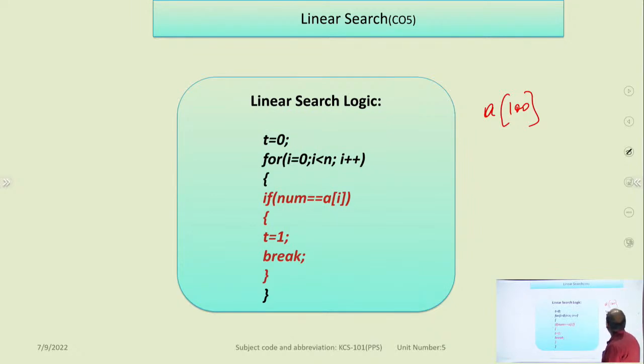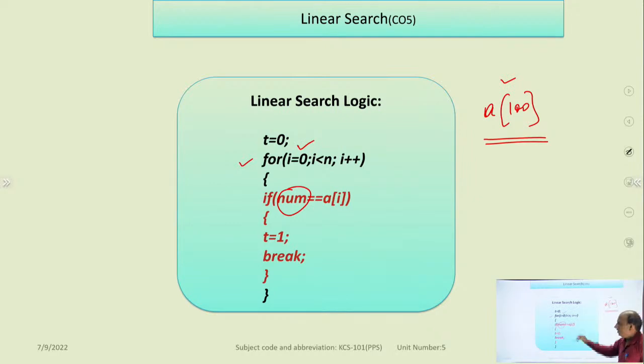To access each element of this array, we start a for loop from index 0: i equals 0, i is less than n, i plus plus, and we keep on comparing each element with num, the number that we are looking for, whether it is available in this array or not.